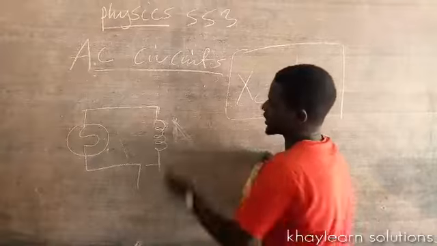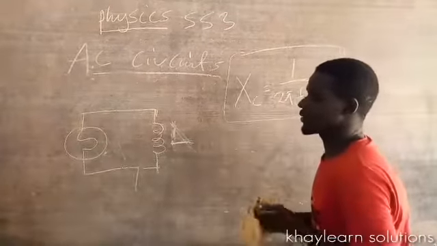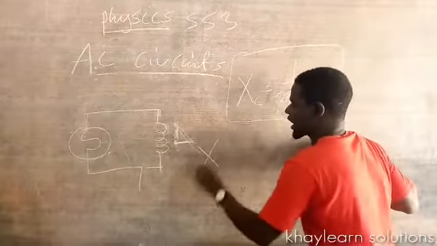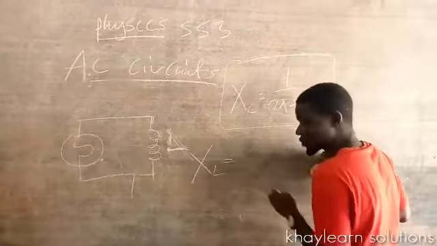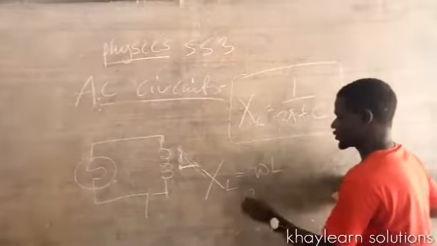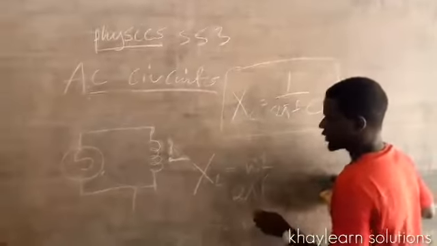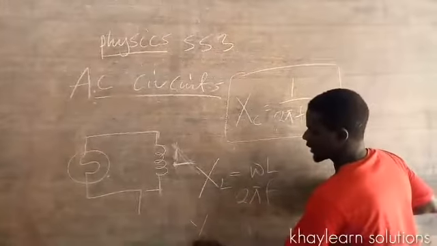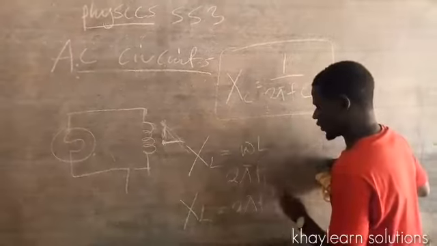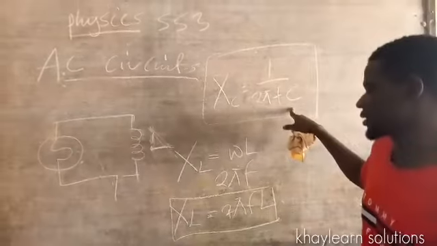When an inductor, letter L, is connected, it will have a total opposition, called the inductive reactance, which is X subscript L equals omega L, and this omega is the same thing as 2 pi f. By substituting the omega, the inductive reactance will become 2 pi f L. So this is called inductive reactance, while this one is called capacitive reactance.